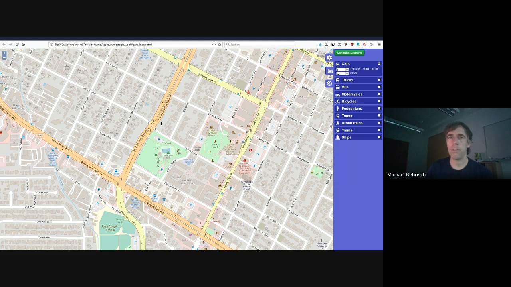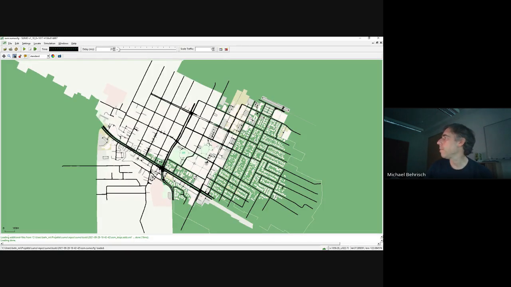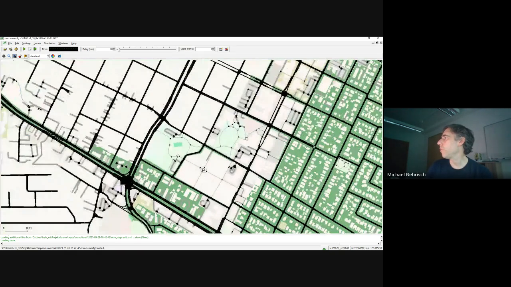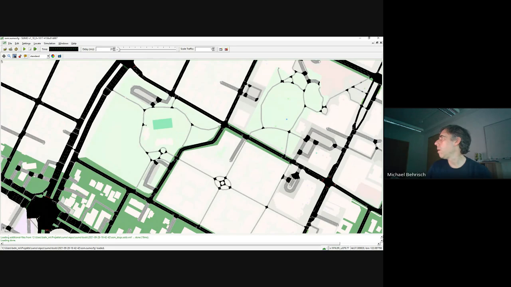We did not select anything else here currently. And then it will open up and you have your first SUMO scenario. You can already press the play button here and at least something will move.